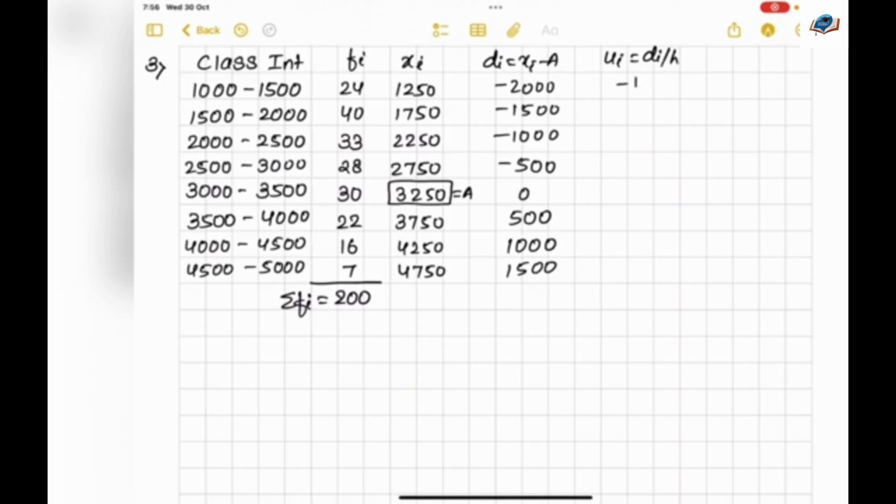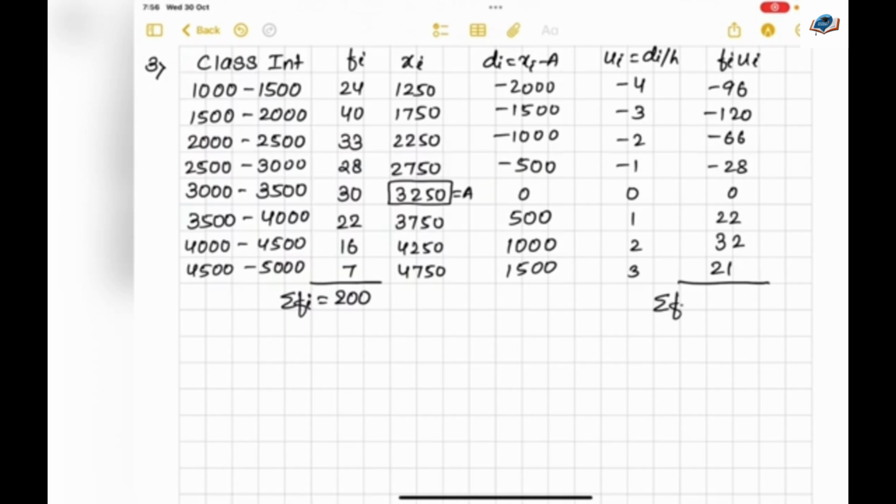So that is coming to minus 4, minus 3, minus 2, minus 1, 0, 1, 2, 3. So fiui is coming to minus 96, minus 120, minus 66, minus 28, 0, 22, 32 and 21. So sigma fiui is finally coming to minus 235.